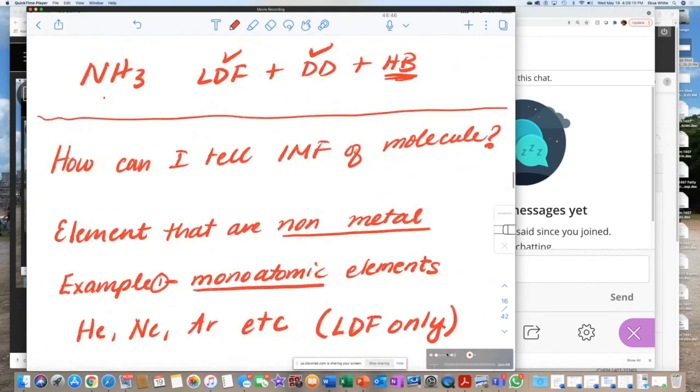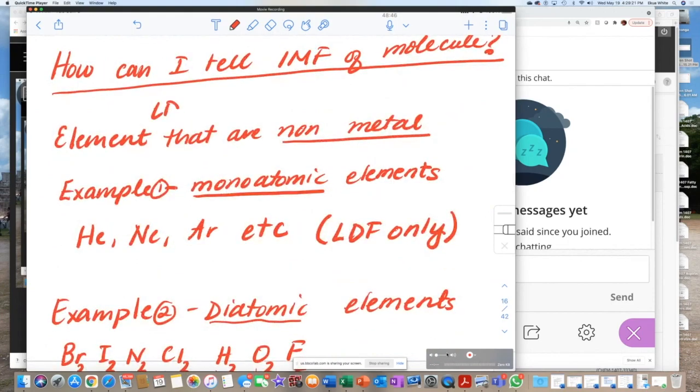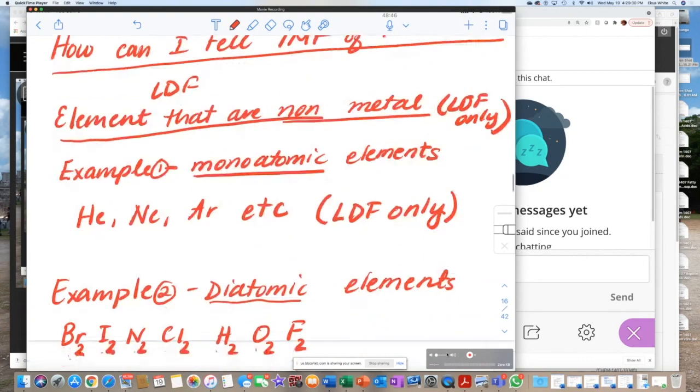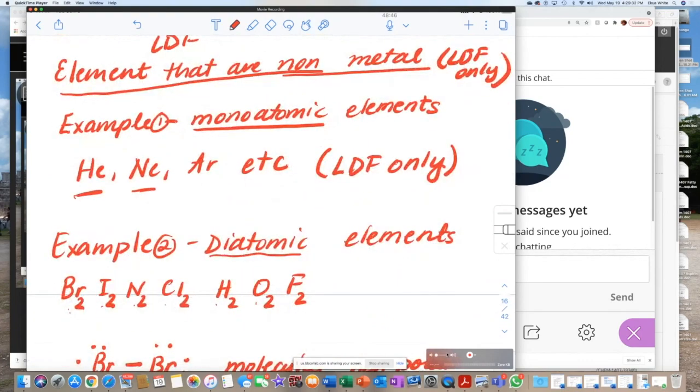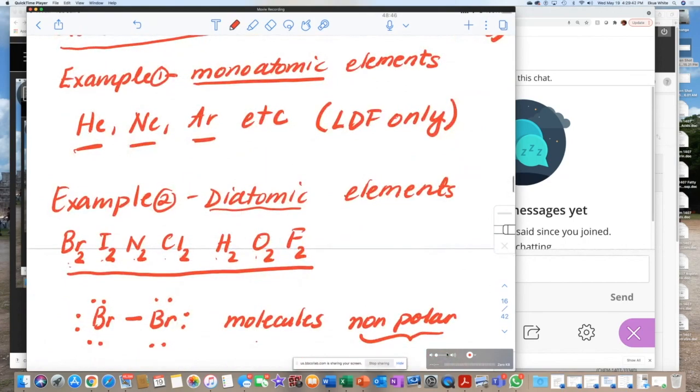Okay, well, how can I tell the intermolecular force in the molecule? Okay, number one, for LDF, like I mentioned, elements that are non-metal have LDF only. Example of that, helium, neon, argon. These are group 8 elements. The second example is Br2I2NCl2H2O2F2, so I'm giving you a more comprehensive list here for the elements that are LDF only.